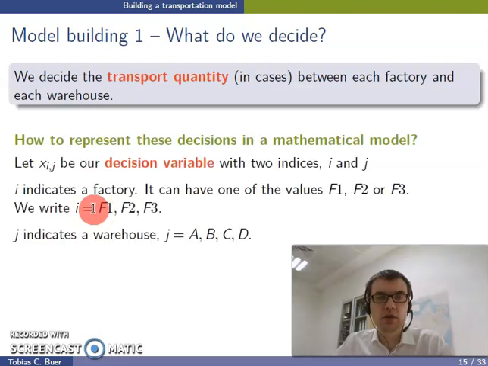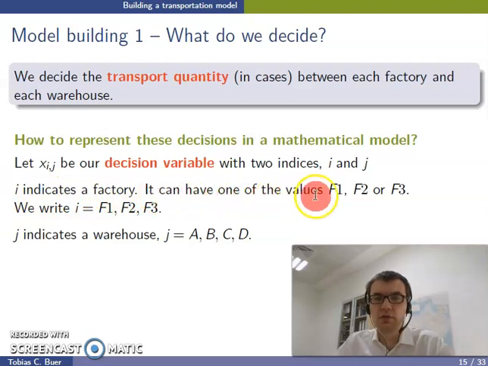We have to introduce some variables, and because they represent our decisions, they are called decision variables. In this case, I introduce a variable x with two indices, i and j. So this variable represents a matrix, and the index i indicates a factory.